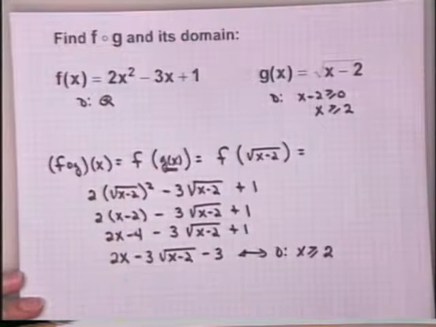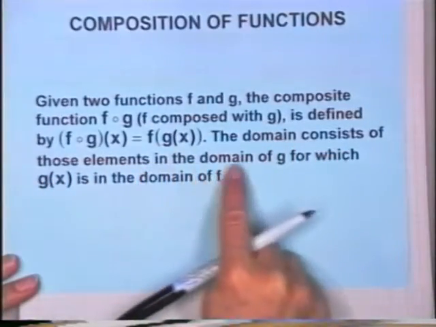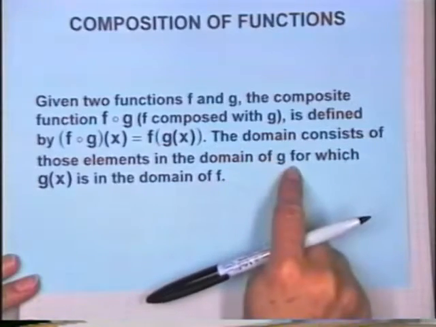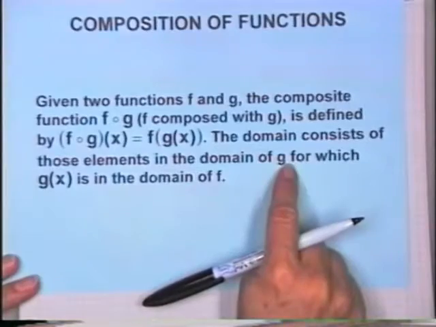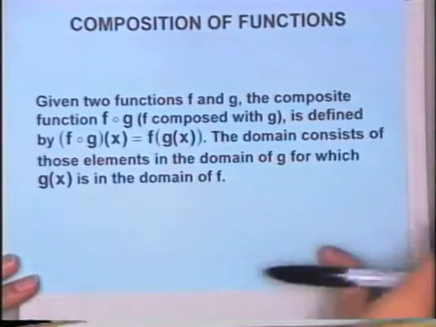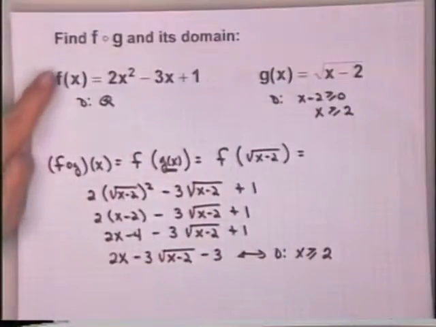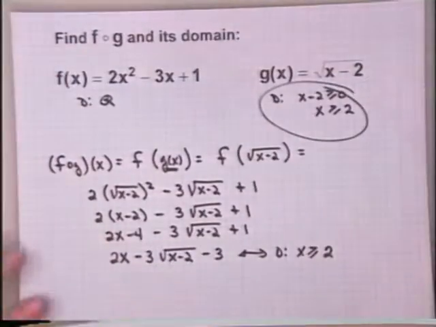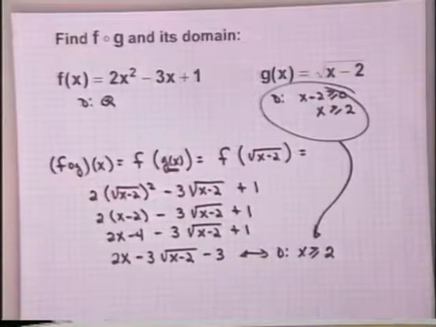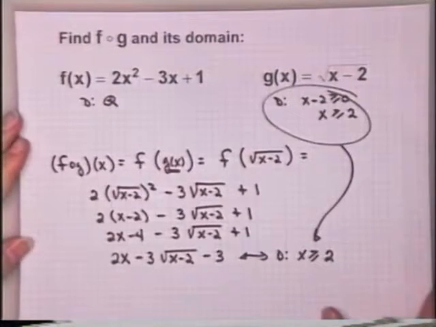I want you to notice, though, also, if you go back to your definition again, the domain consists of those elements, what? In the domain of g. So we would have started with the domain of g and then just worried about whether the results are in f. Since we can put anything in f, all we have to worry about is what was the restriction on g. And you'll notice that shows up right down there again.